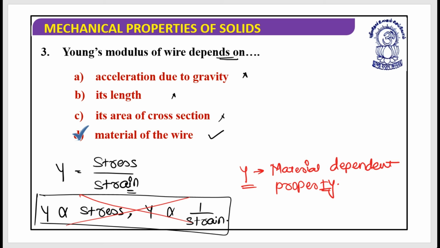If you increase the stress, it will not increase Young's modulus, and if you decrease the strain, it will not change either. No, this is not the case. I hope this is clear. Are you sure? Great.